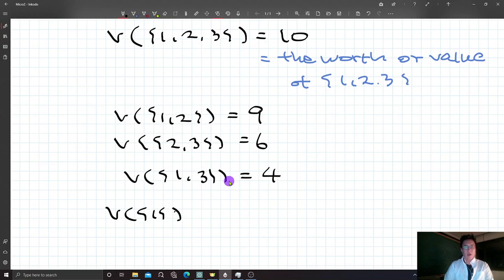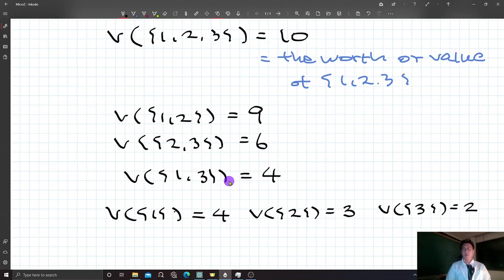And if each individual acts individually, say player 1, if he is not involved in a coalition, acting individually, can make a surplus of 4. V of 2 is 3, and V of 3 is 2. So that is one complete description of one possible cooperative game.